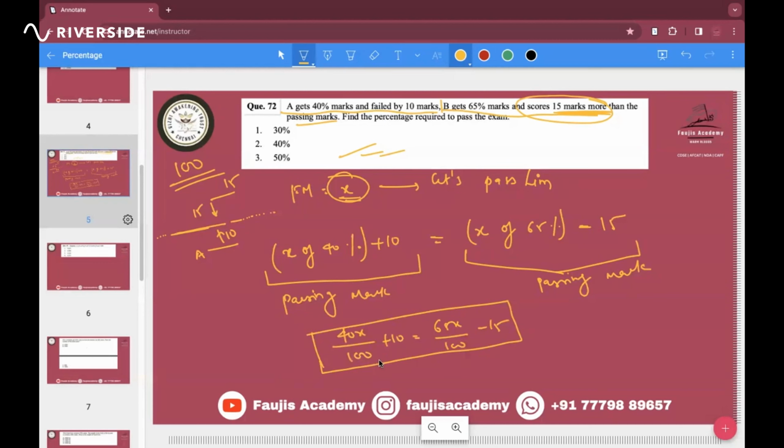Tell me yes or no, I won't judge you. If every one of you knows how to solve it, I'll write x is equal to 100 over here. Do you know how to solve it? If you don't know, I'll tell you how to solve it.